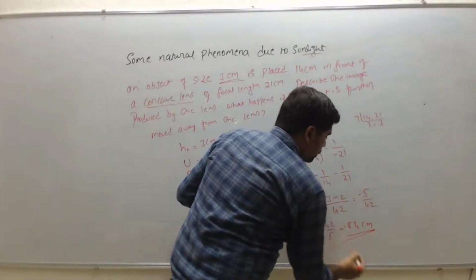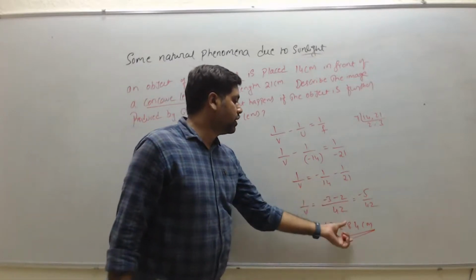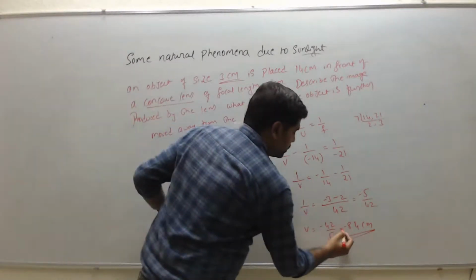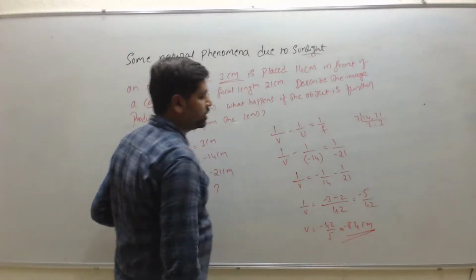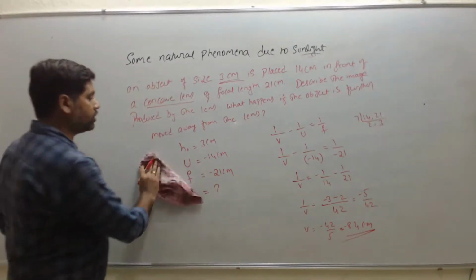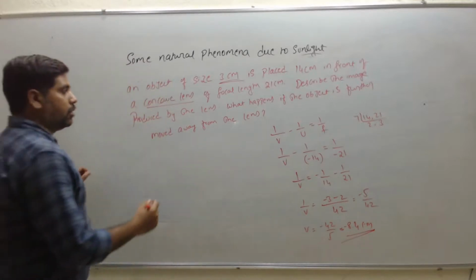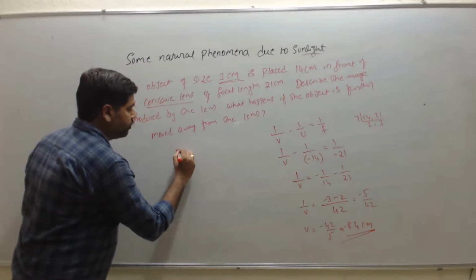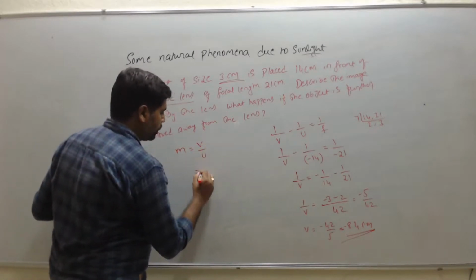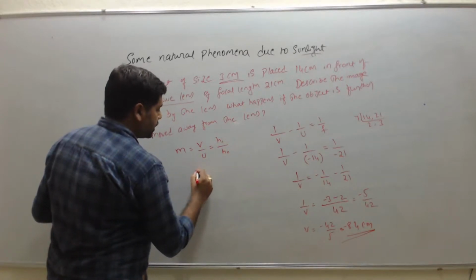In the last class we had taken a plus there, that's why the calculation went wrong. So this one is the correct answer, that is v equals minus 8.4 centimeter. Next we have to find the height of the image, that is the magnification. m equals v/u, that is equals h_i divided by h_o.